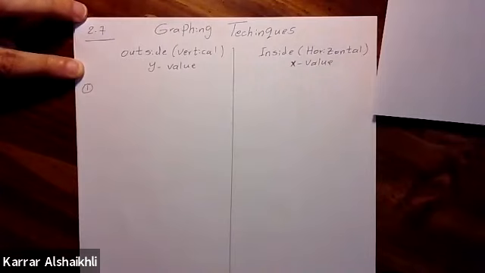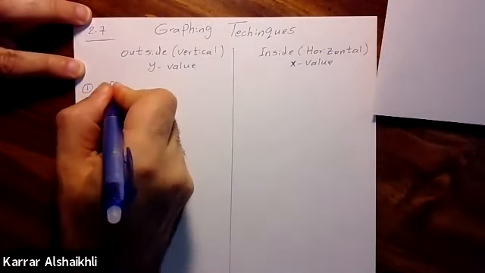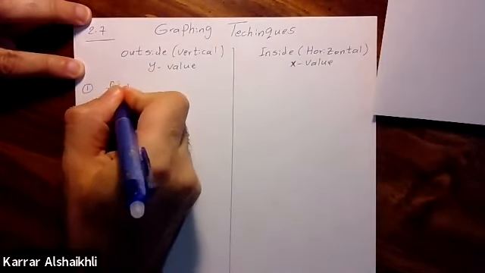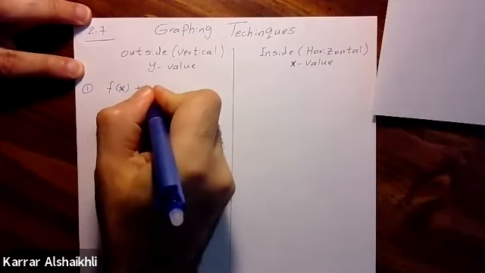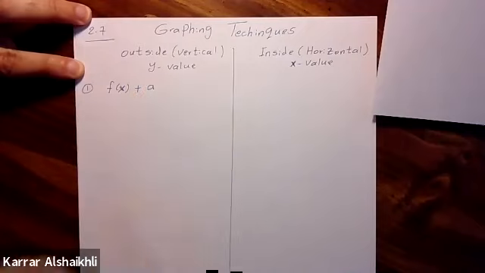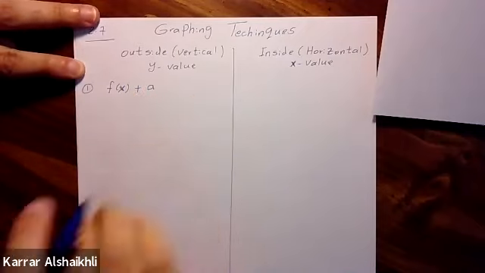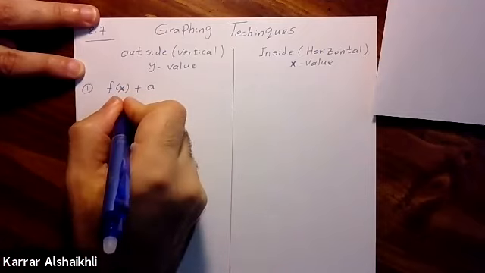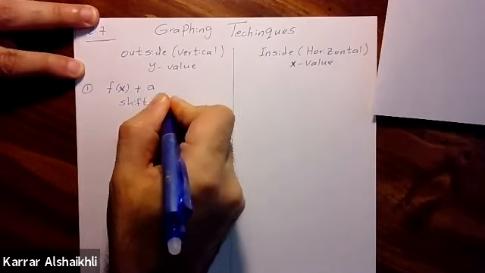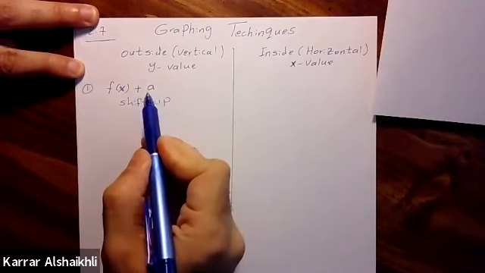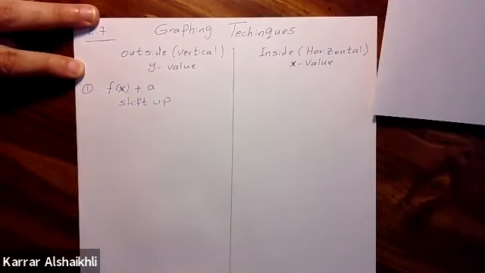When we have the parent function, that means one of these 6 functions plus a number. So when you see one of these functions plus a number, that means it is going to shift up. How many units? It depends on this number.